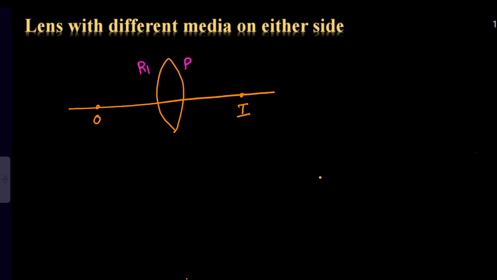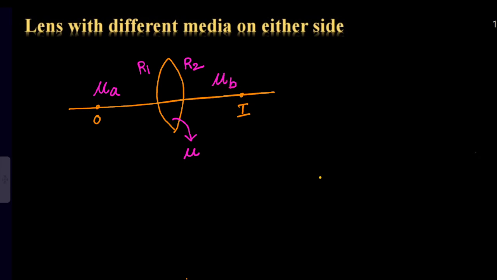The radius of curvature of the other surface is R2. The refractive index of my lens is mu. The left side has refractive index mu A, and the right side refractive index is mu B.